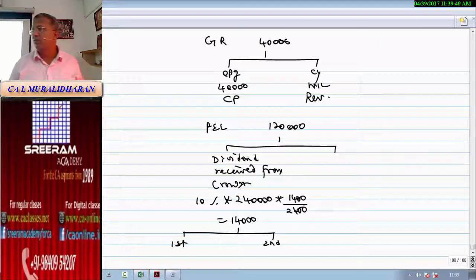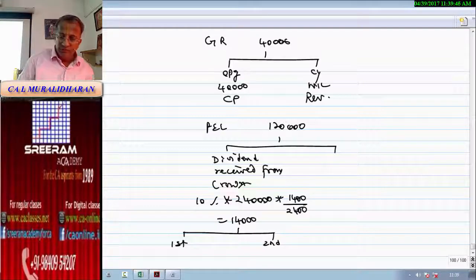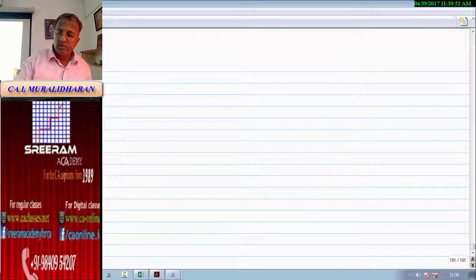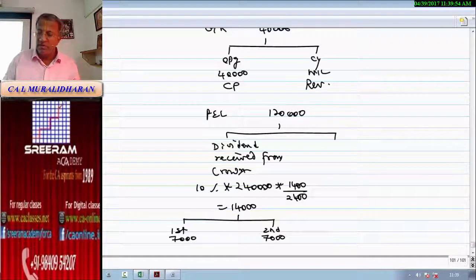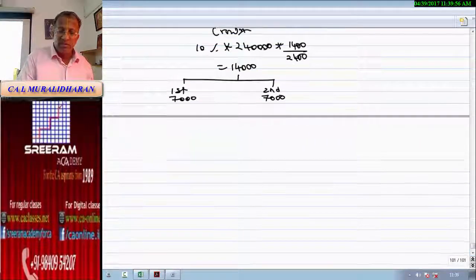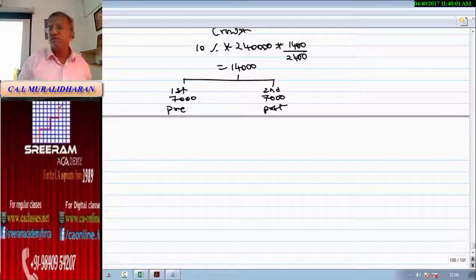This is a portion that we have to do the way in which we have done in the case of angle, bolt and canopy. How much is that? 7,000 and 7,000. This is pre-acquisition. This is post-acquisition.